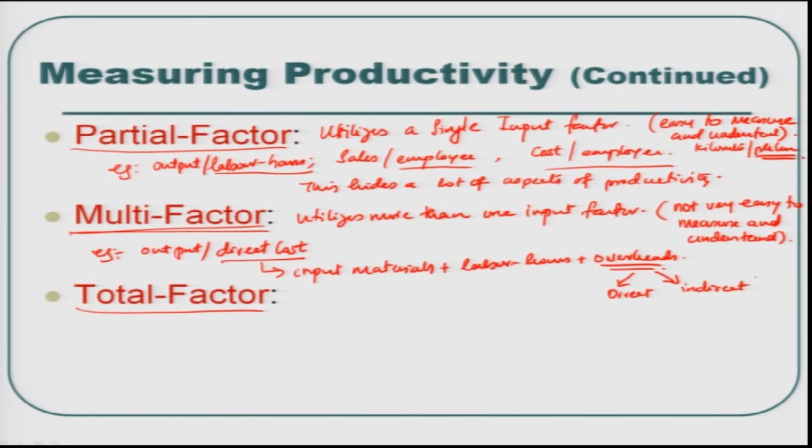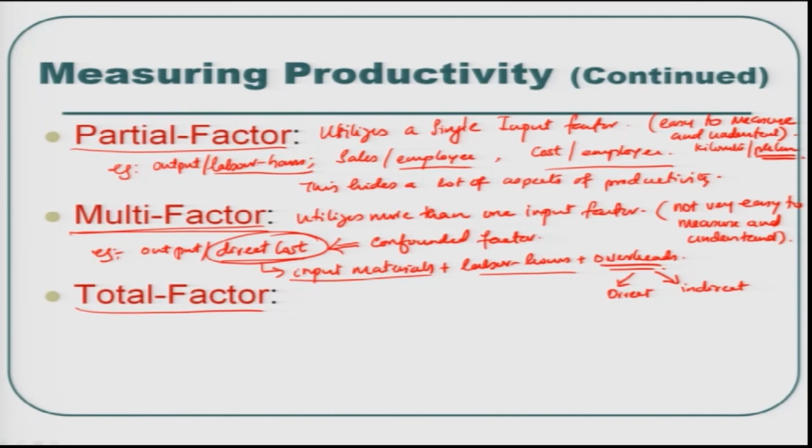So the problem with multi-factor productivity is that you need to really know what the underlying factors are in this input factor, which is more than one. This is usually what we call a confounded factor.